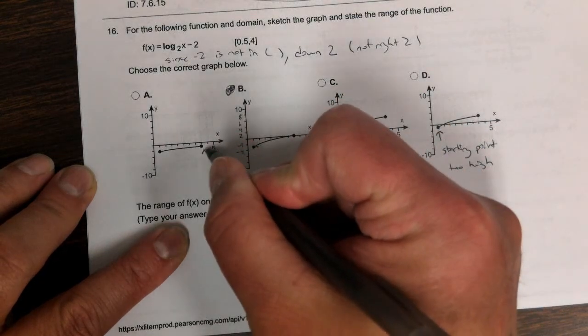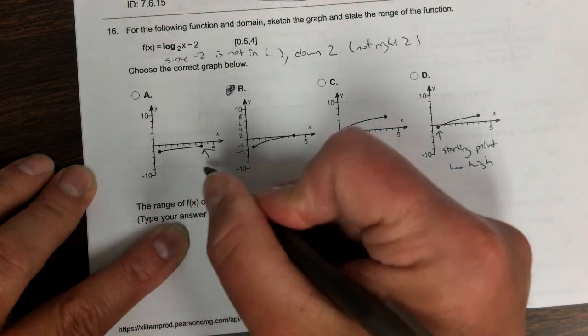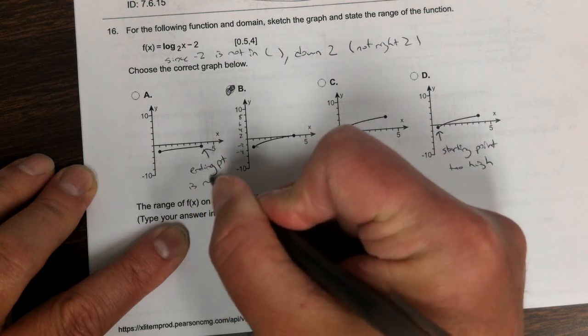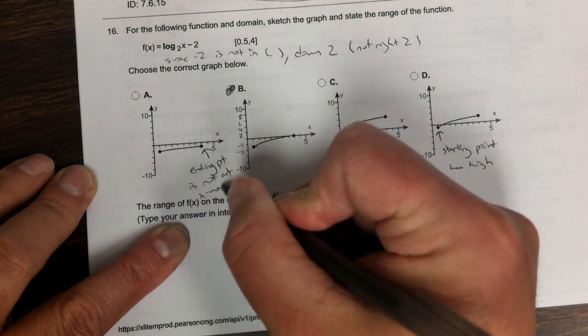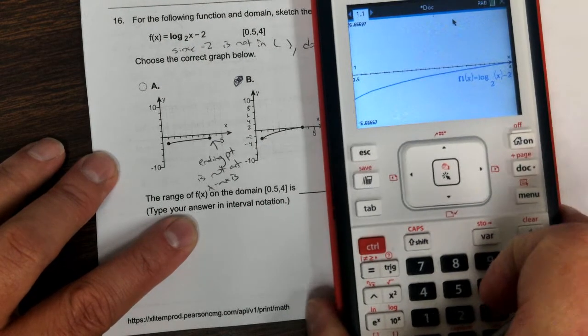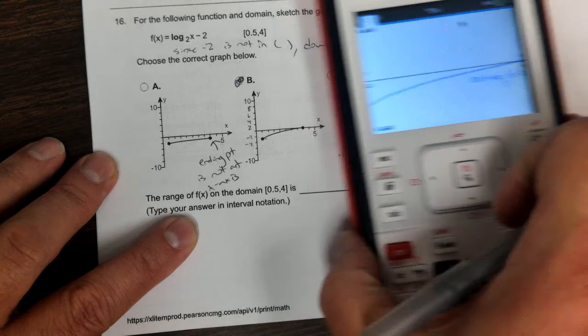And this is not, the ending point is not at the x-axis. And so be careful when you're picking these. But for my particular one, I needed it to be B.